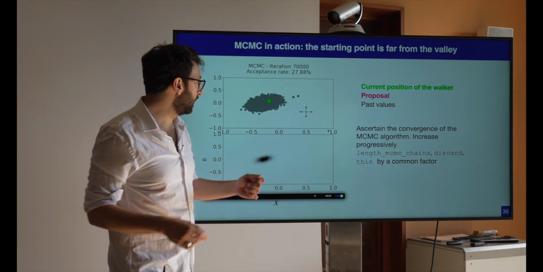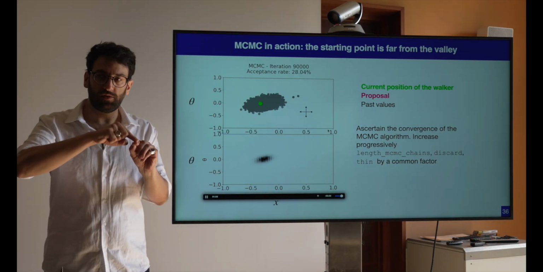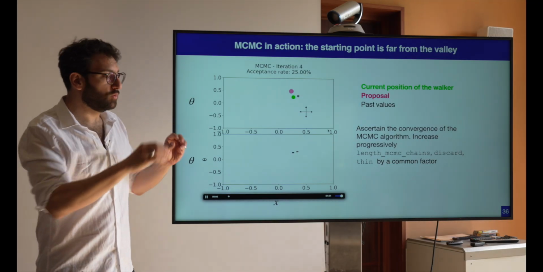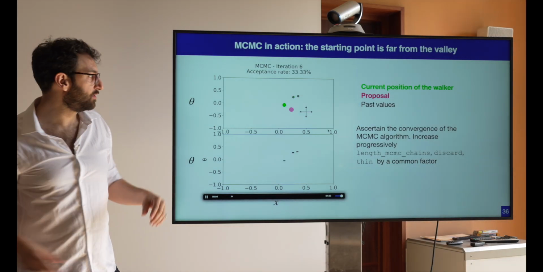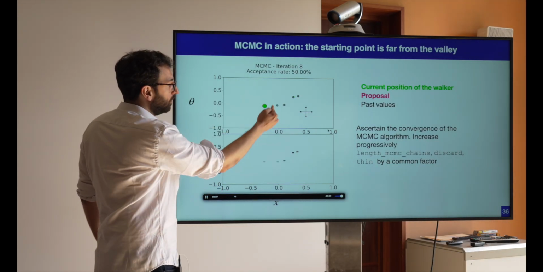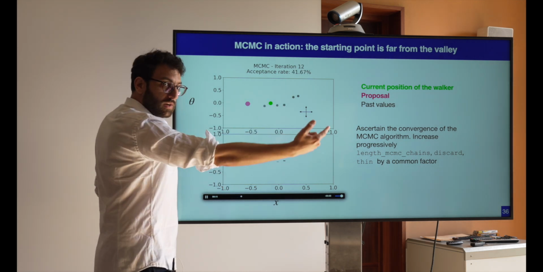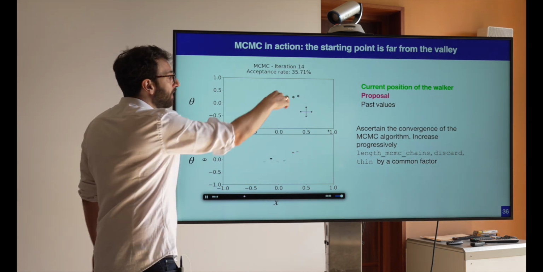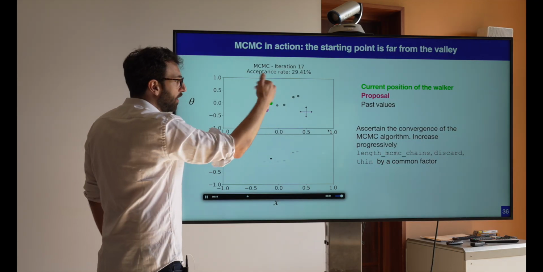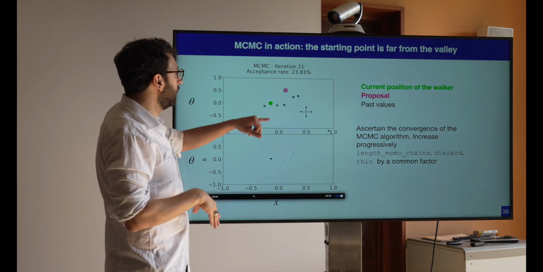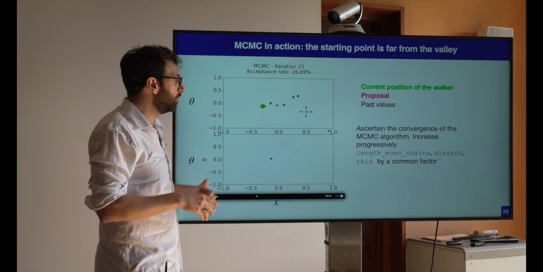And the thinning is to take one point in the chain every so often, because you don't want the correlation of the motion of the walker to translate to a correlation in your data. Because the correlation here has to do with the inner workings of the algorithm. It doesn't have to do with your data.